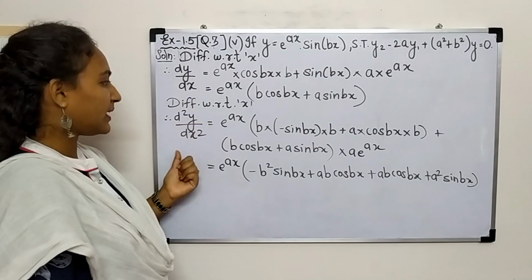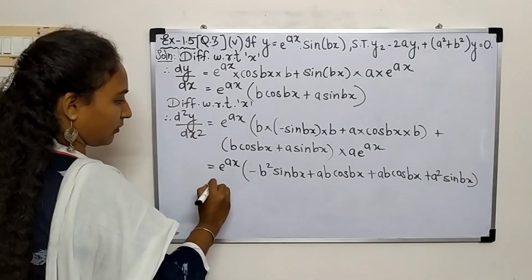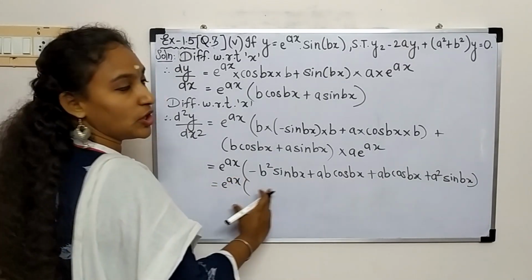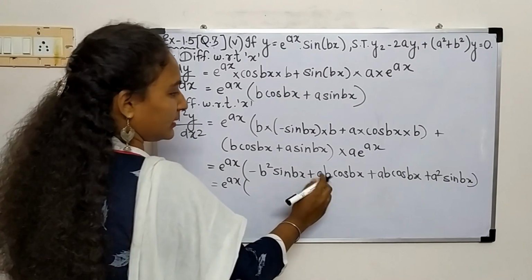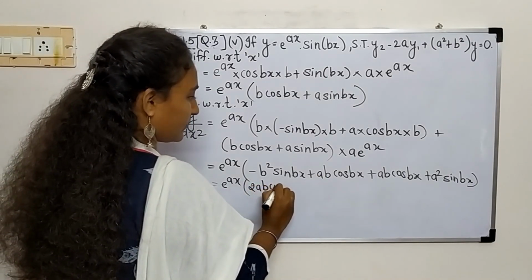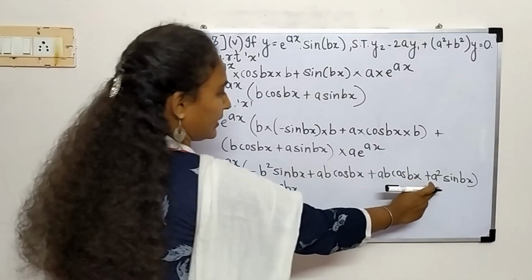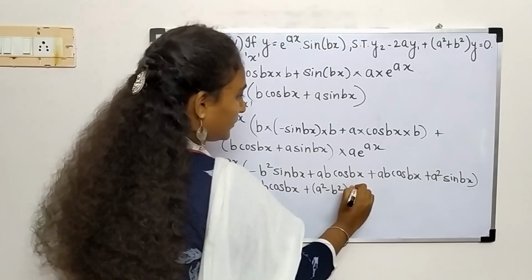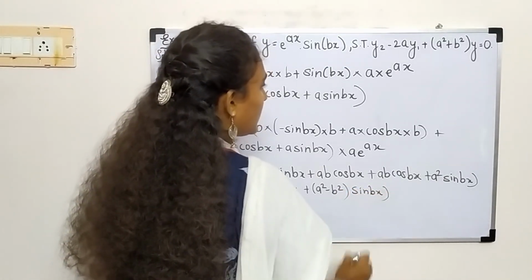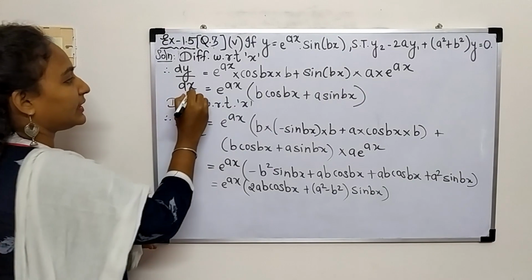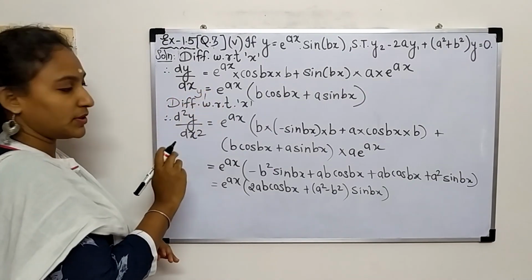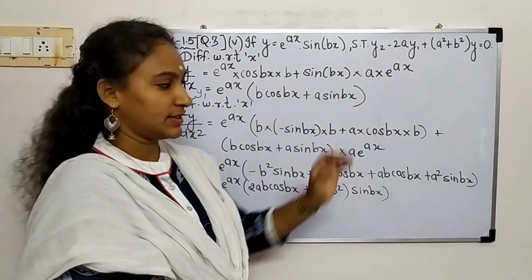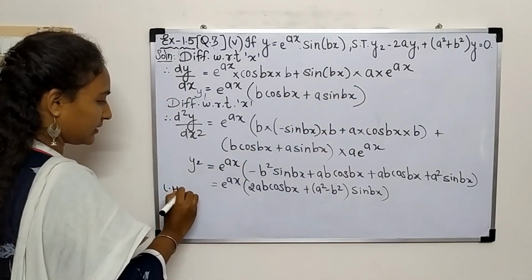So this is d square y upon dx square. This is equal to e power ax. Collect the cos terms together and the sin terms together. This is 2ab cos bx, and this is plus a square minus b square sin bx. So dy by dx is nothing but y1, and d square y upon dx square is nothing but y2. Now we are going to substitute in the LHS. Consider the LHS.